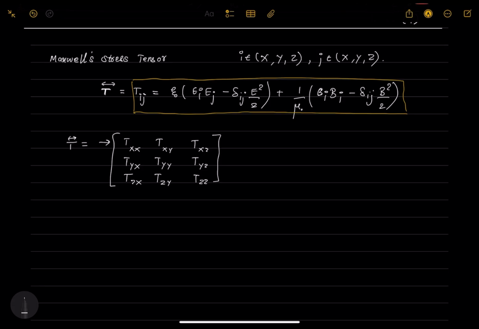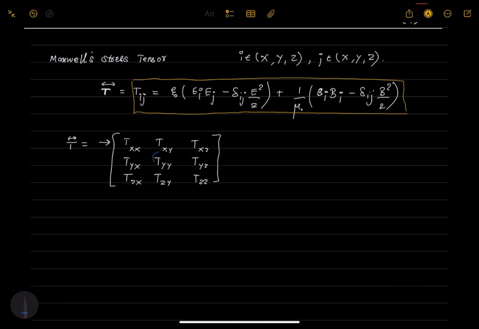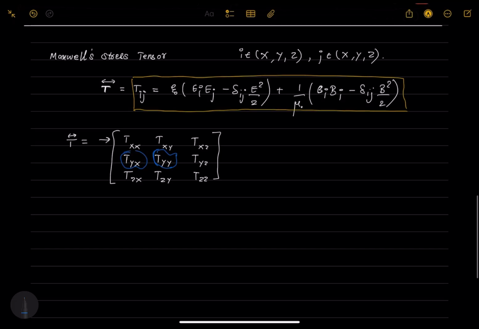So for example, let's take a diagonal term, and then an off-diagonal term, right? One diagonal term and one off-diagonal term should tell you the complete story of how and why things are defined. So let's take Tyy and Tyx, right?